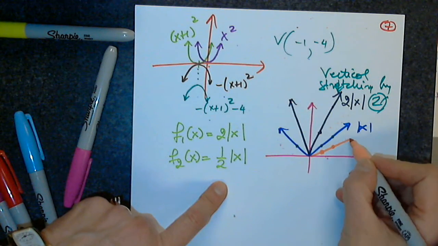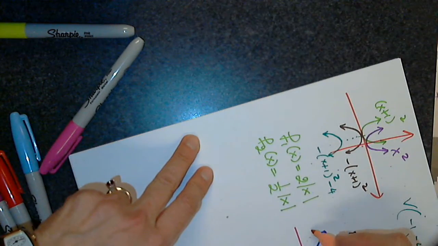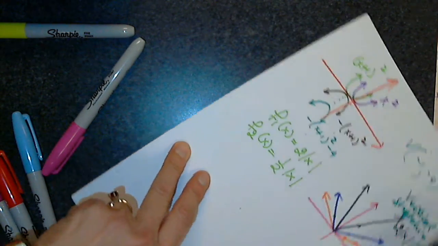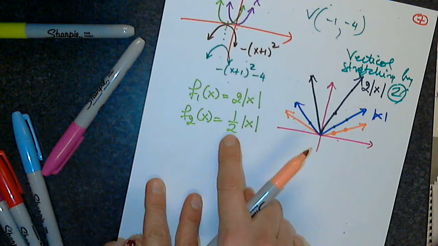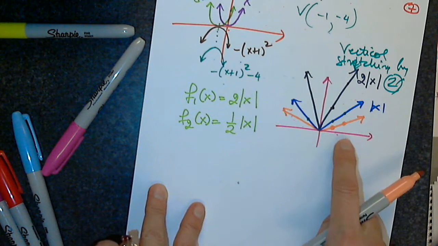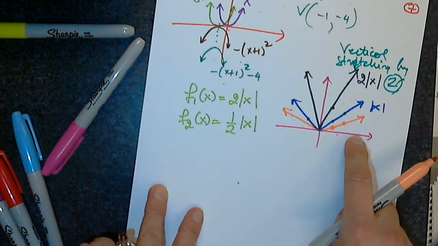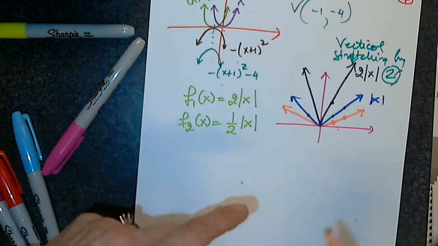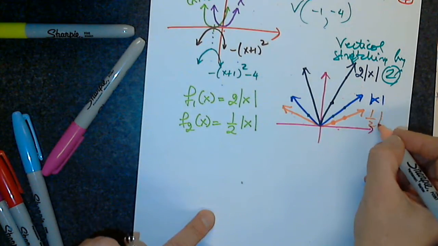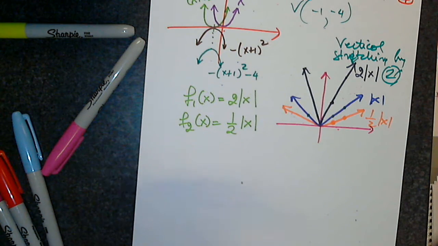And I can continue forever on both sides. When x is 1, I have 1/2. When x is 2, I have 1. When x is 4, I have 2. So before you say anything, let me show you what's happening here from this.